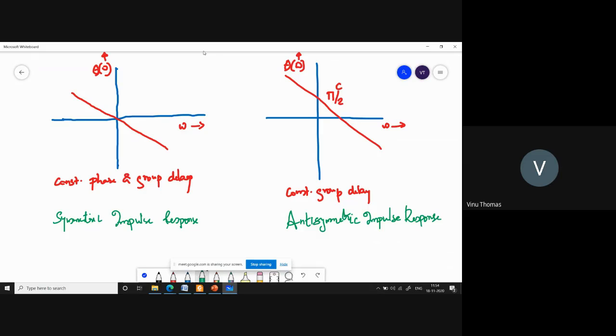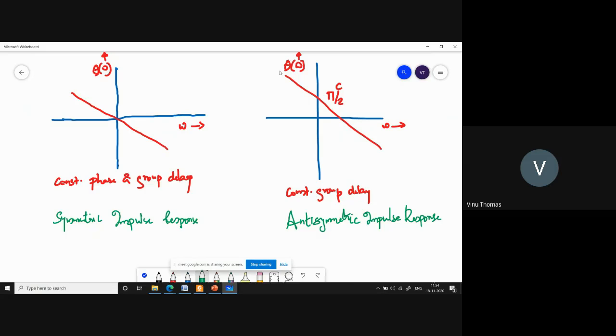And we had seen that this is the figure that I'm trying to point out. For this particular case, where the phase characteristic is linear and passing through the origin, you have constant phase delay as well as constant group delay.